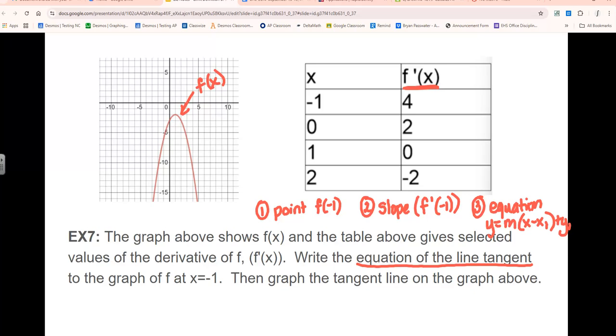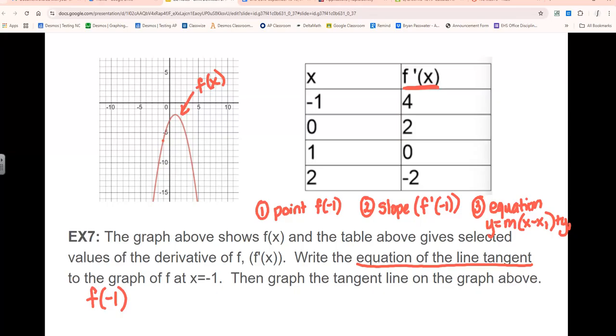This is actually going to be pretty easy because we don't have to do the limit definition of a derivative at a point, since they just gave us a list of the derivative. The first thing I want to do is find my point, so I need f of -1. To find f of -1, just look at the graph.